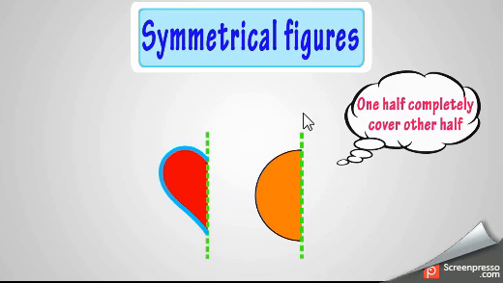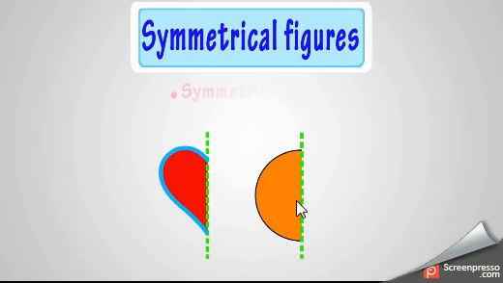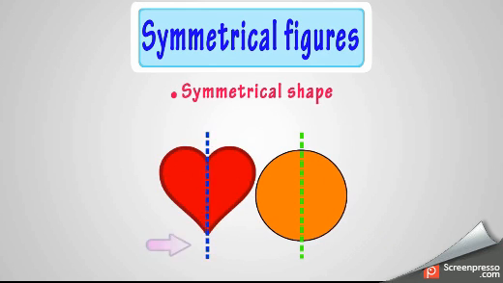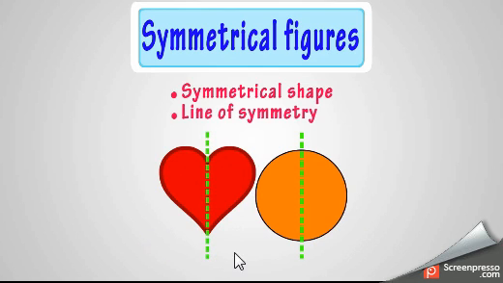Oh, so this line is called the line of symmetry, and this is a symmetrical shape. The heart is a symmetrical shape, and the circle is a symmetrical shape, and this line is called the line of symmetry.